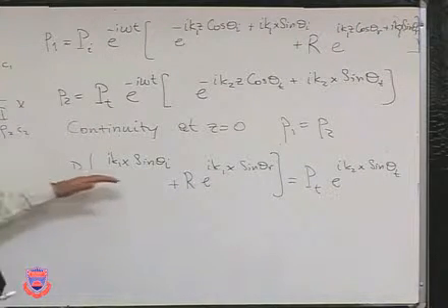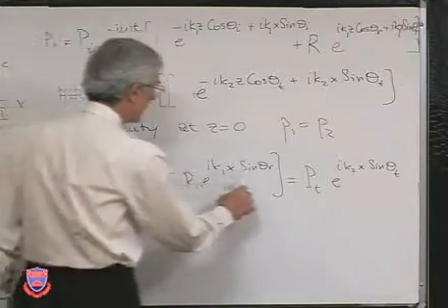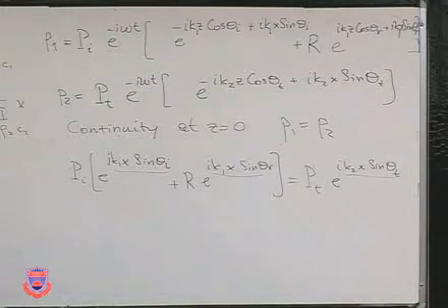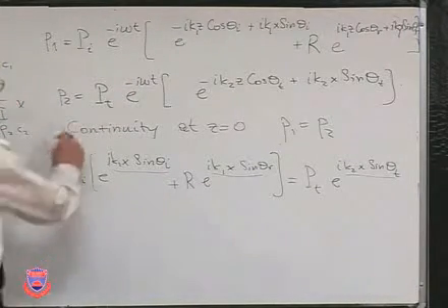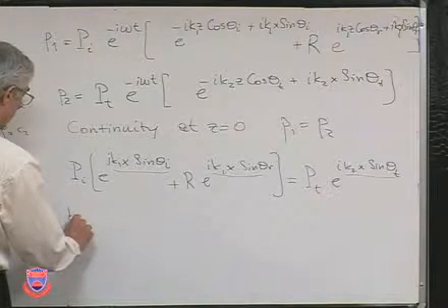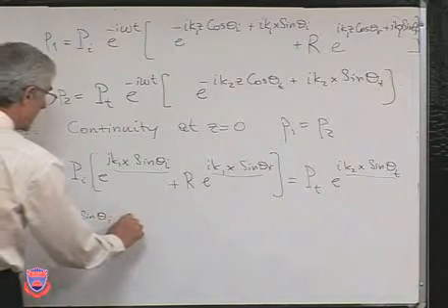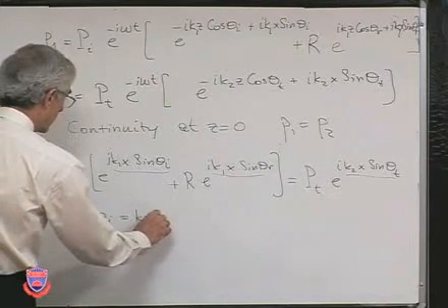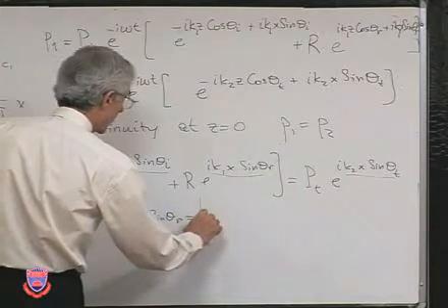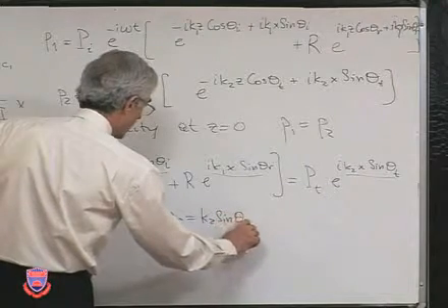For this equality to hold, once again, the exponents must all be the same. So for continuity to hold, the exponents must be the same, and that means k1 sin theta_i must be equal to k1 sin theta_r, and that must be equal to k2 sin theta_t.